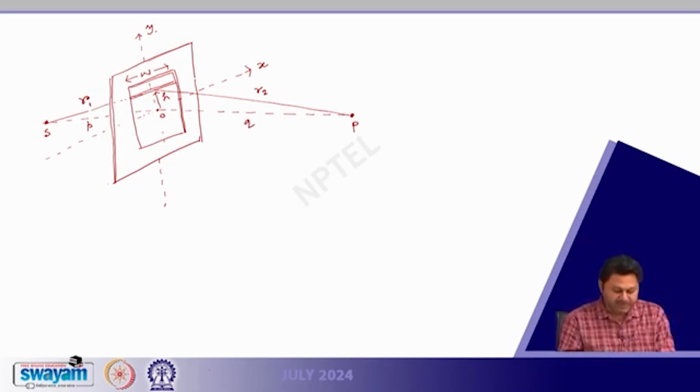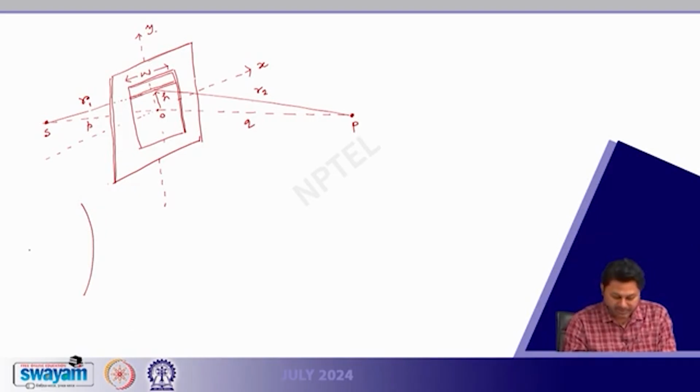So, the equivalent structure I can have is this. The wavefront will hit this aperture, S is here, P is here.